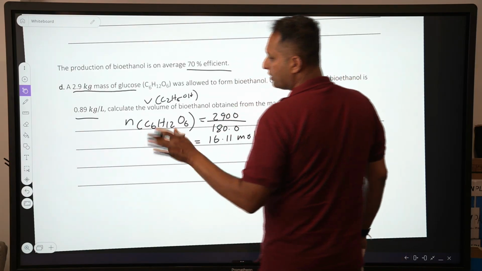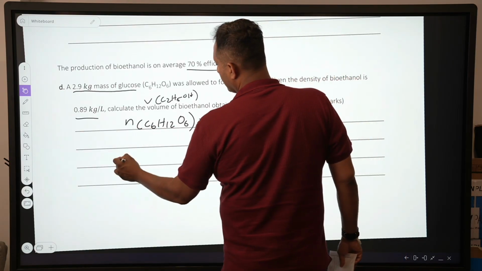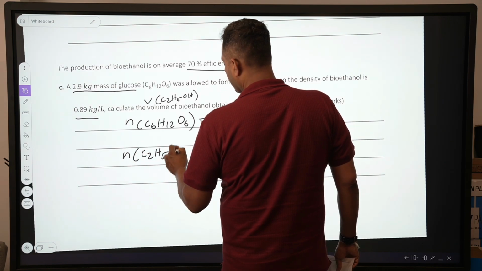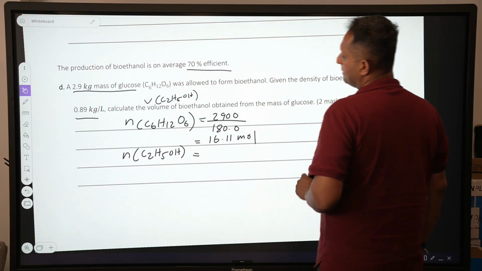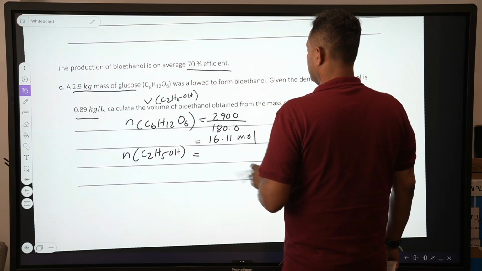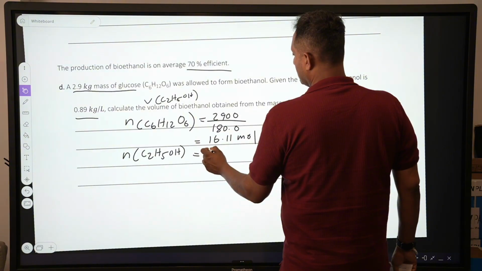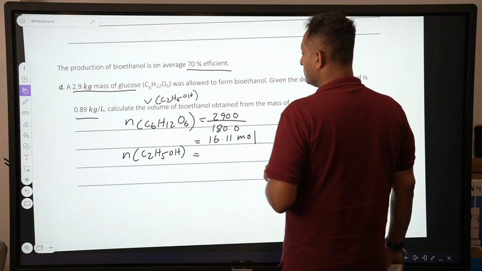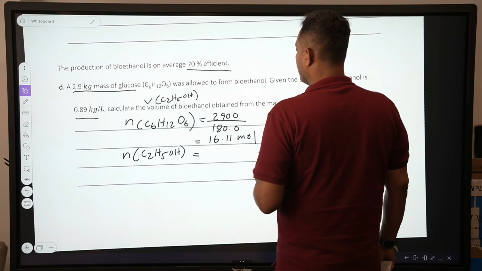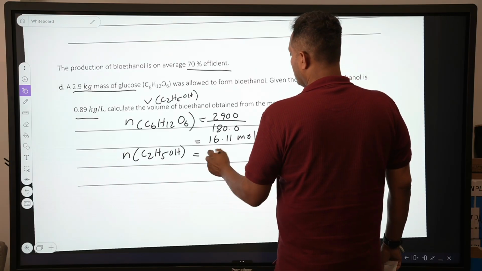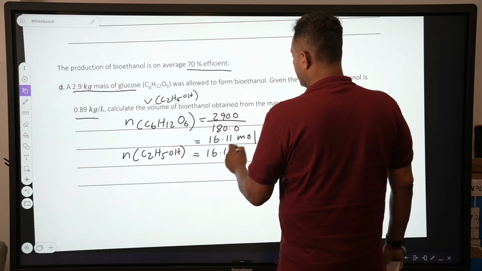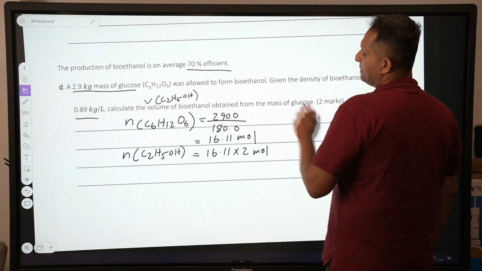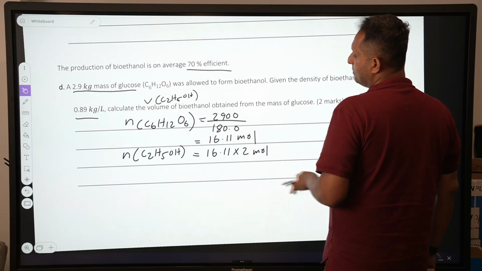Then if the process is 100% efficient, the number of moles of ethanol is double the amount, have a look at the ratios: 16.11 times 2 moles. Since the process is 70% efficient, you are not going to get this many moles.